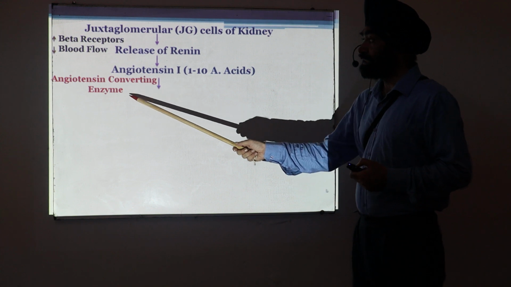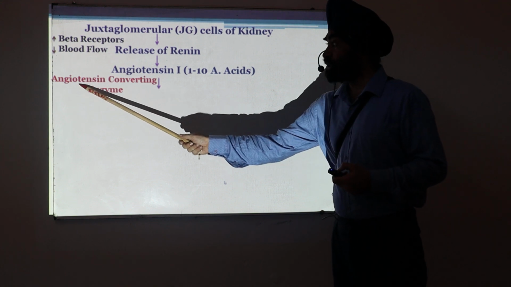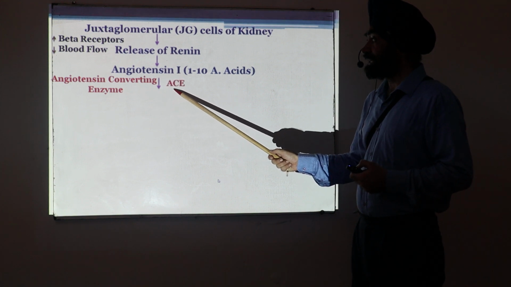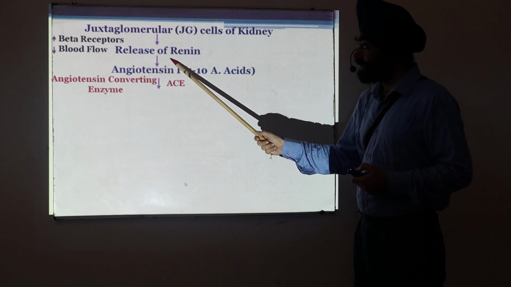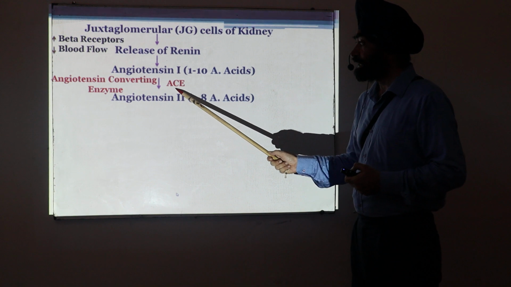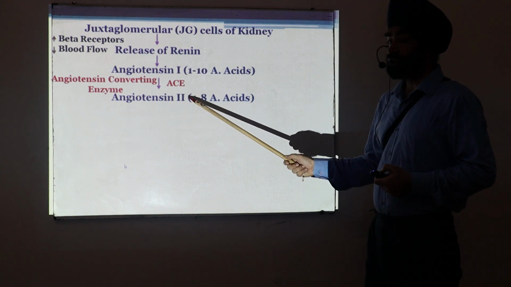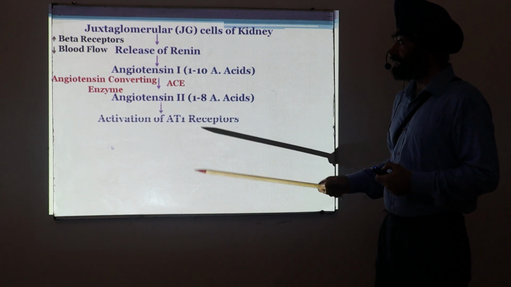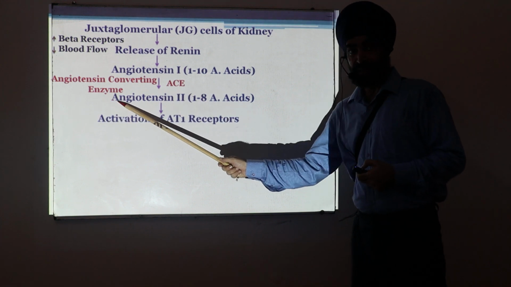There is another enzyme called angiotensin converting enzyme, also called ACE, which converts angiotensin 1 into angiotensin 2, which is shorter, with 1 to 8 amino acids. This angiotensin 2 is biologically active.